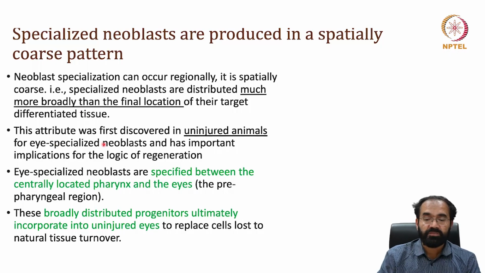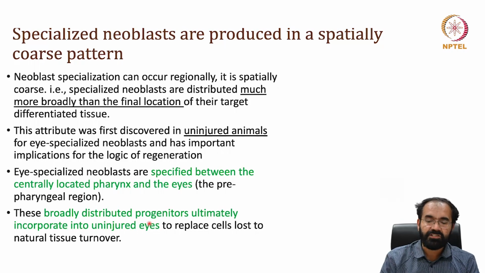This attribute was first discovered in uninjured animals for eye specialized neoblasts, and has important implications for the logic of regeneration. Eye specialized neoblasts are specified between the centrally located pharynx and the eyes, that is the prepharyngeal area. That is the place where they are abundantly located, but they are not restricted there. This is what you should understand.